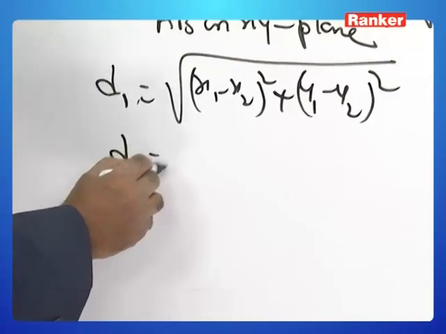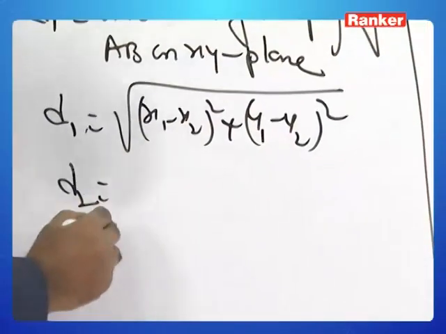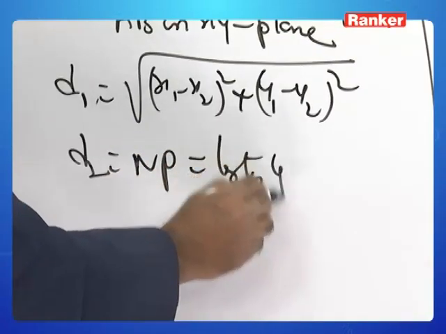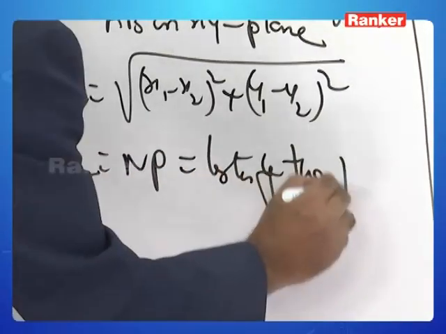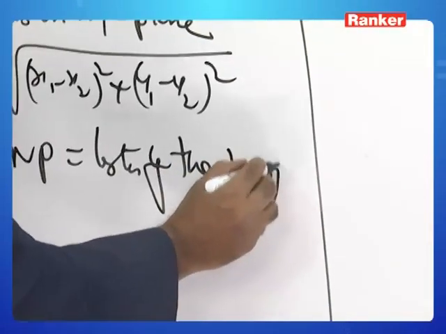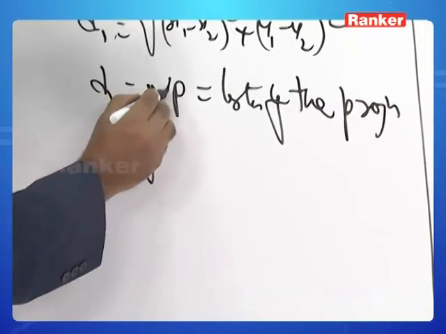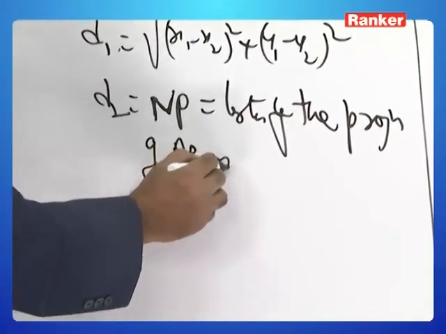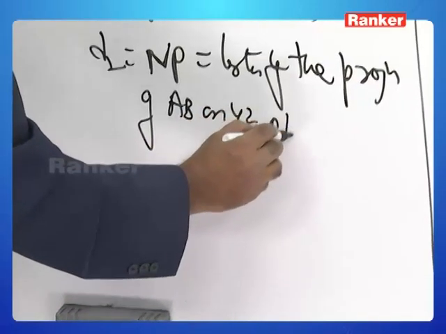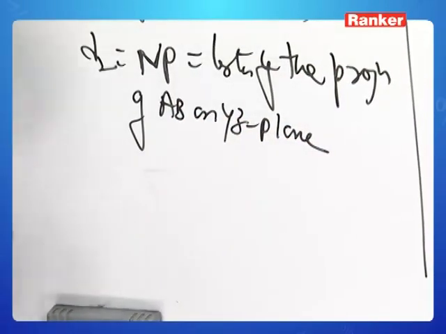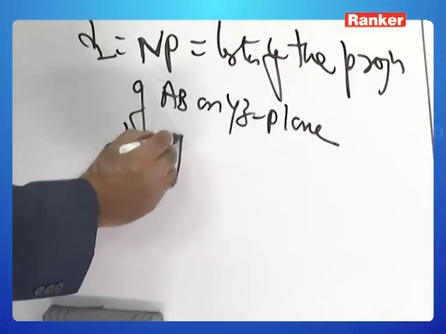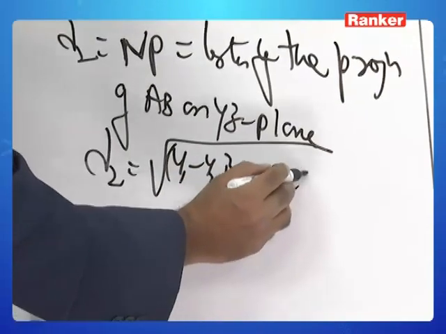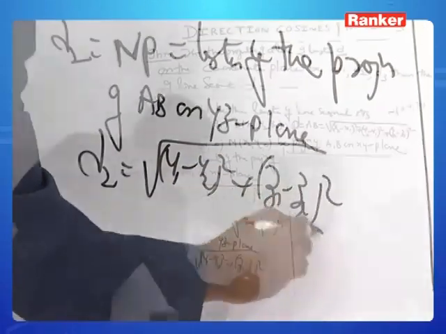Similarly, d2 is equal to NP, the length of the projection of AB on the YZ plane. This d2 is the square root of y1 minus y2 whole square plus z1 minus z2 whole square, right?